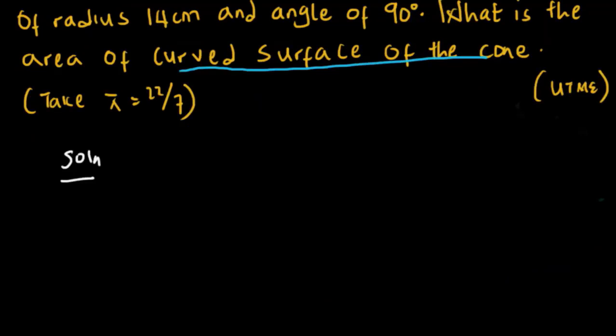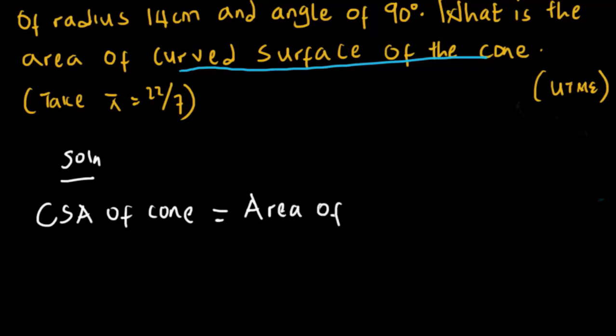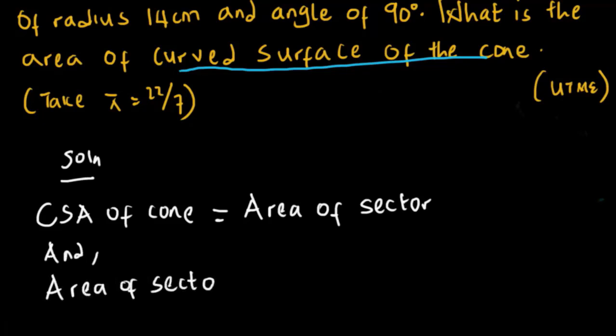So we start with curved surface area of cone equals area of sector. And the area of sector, what's the formula for area of sector? Remember, a fraction of the area of a circle.